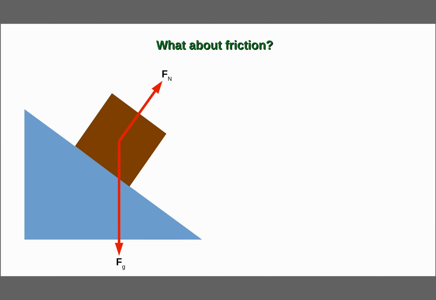So there are two main types of friction that we want to consider. The first is kinetic friction. And we'll draw that as little f sub k, okay? Kinetic friction is friction that exists when things are moving, okay? So when the surface of this box here is sliding along the surface of the ramp, we have kinetic friction.